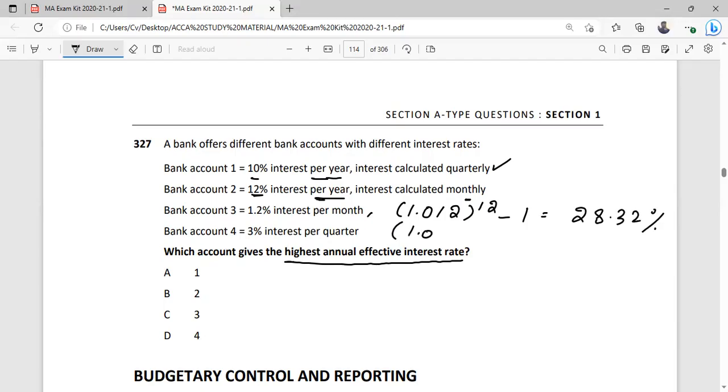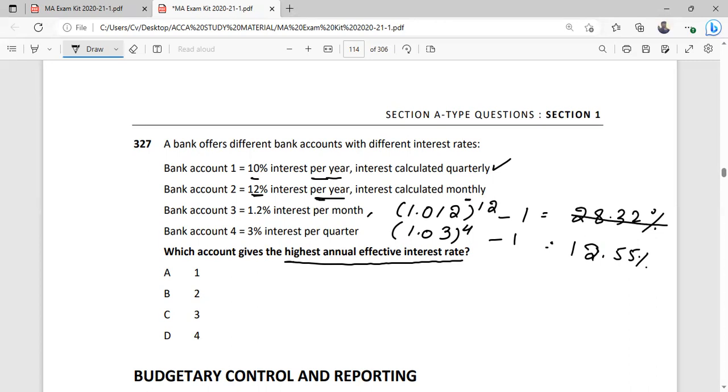Then 1.03 raised to power 4 minus 1. 12.55%. I think I should recheck this value. I think it is not correct.